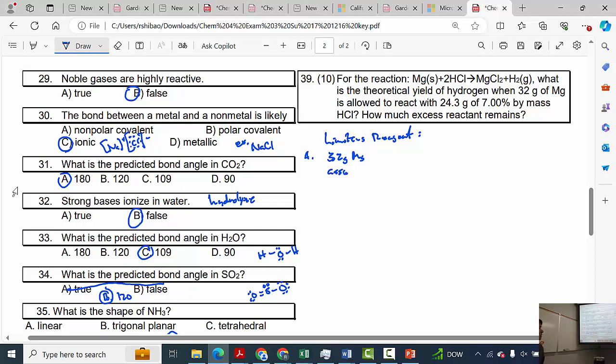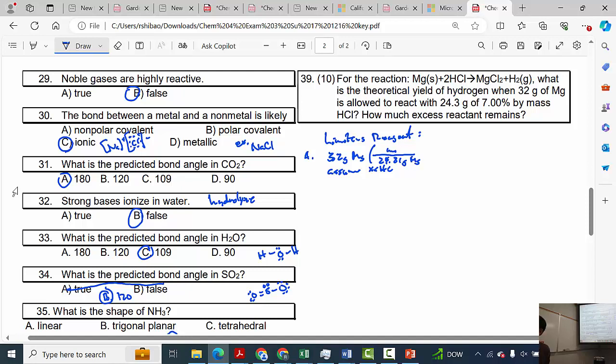And so first we're going to do 32 grams of magnesium. And so we're going to assume there's excess HCl.